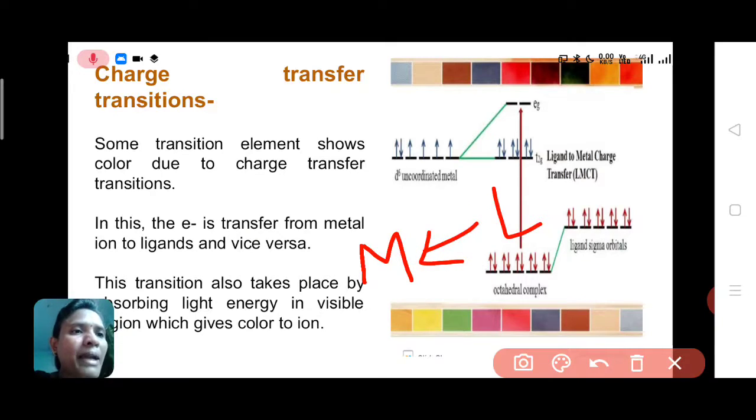In this way a complex is formed, always between metal and ligands. Ligands are electron donors.